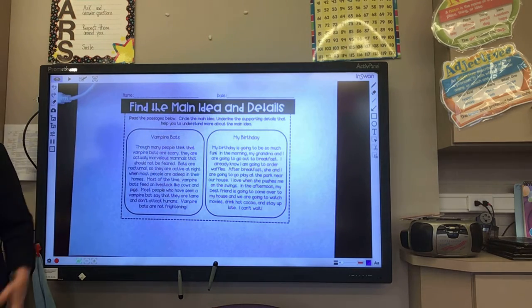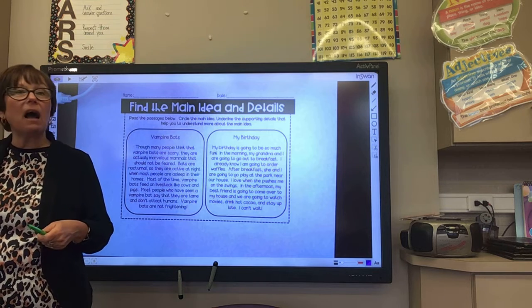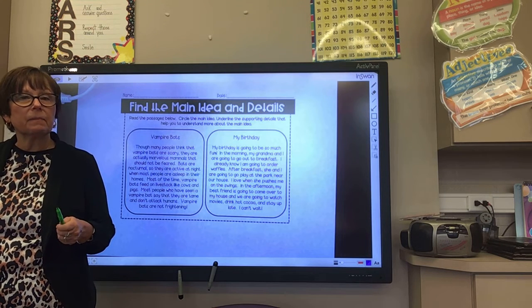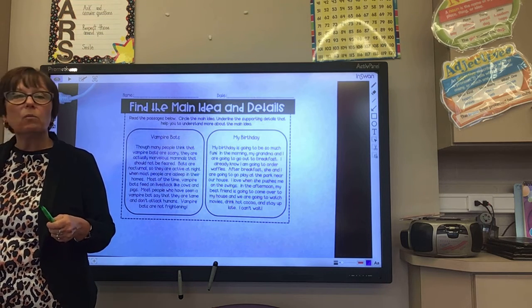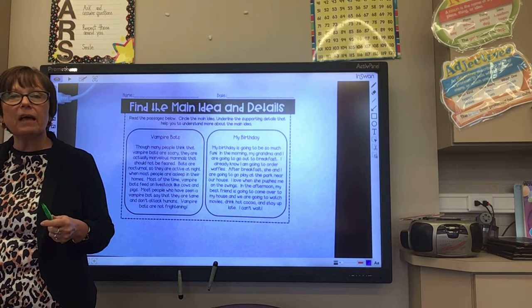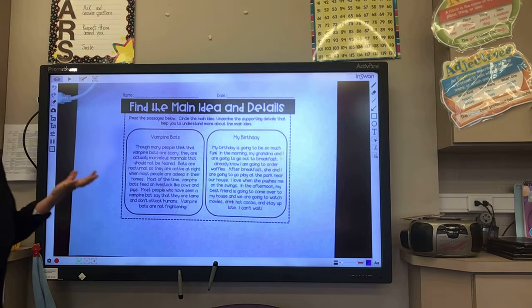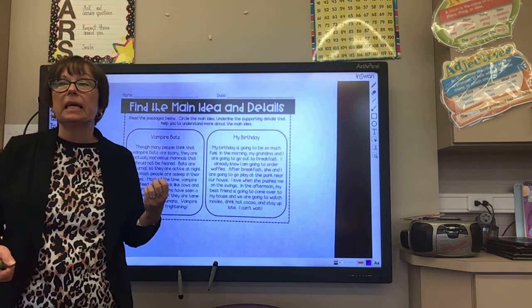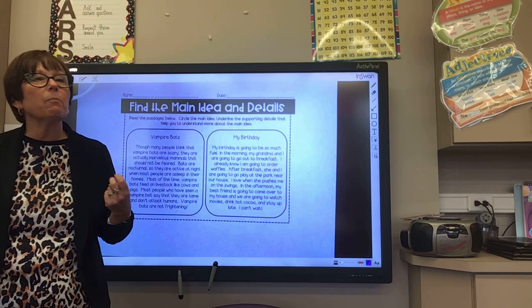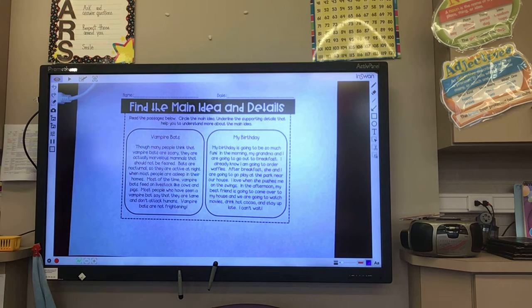What do you think? What is the main idea of this text? Don't make noise, please. What sentence tells us the main idea? Because it's going to be a sentence that tells us the main idea. Becca, what sentence tells us the main idea of this text?